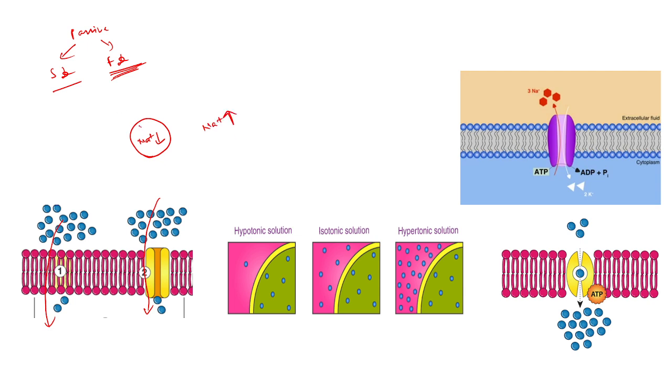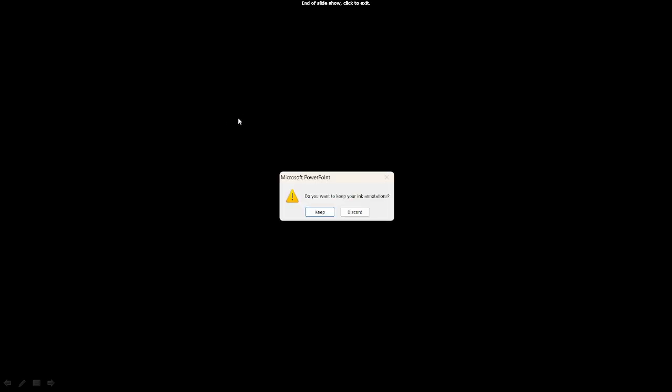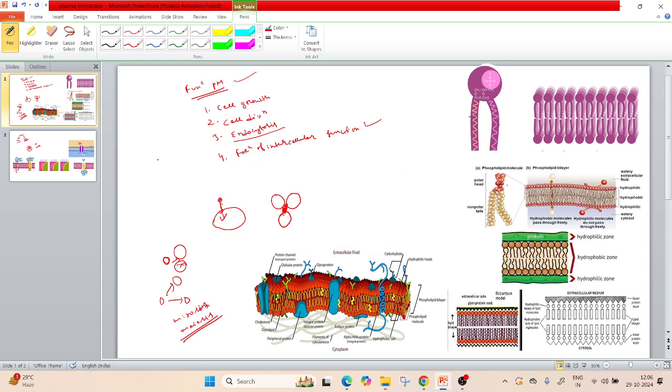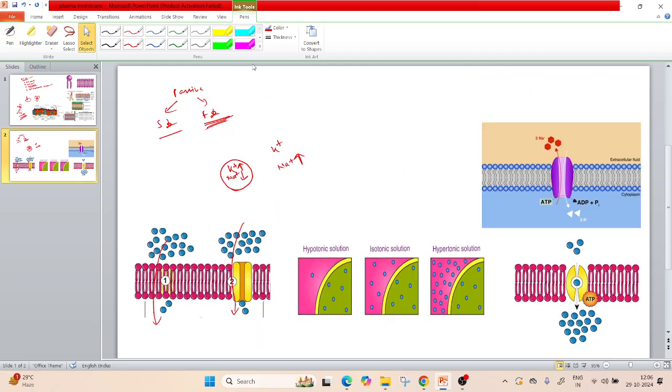And always inside any cell, the potassium concentration is high, and on the outer surface the potassium concentration is low. So that means in simple diffusion or facilitated diffusion, sodium always transports from higher to lower, that means from the outer to the inside.